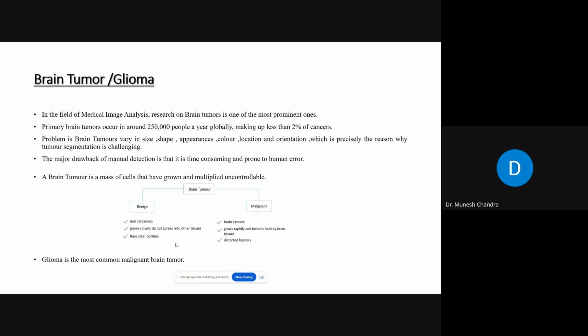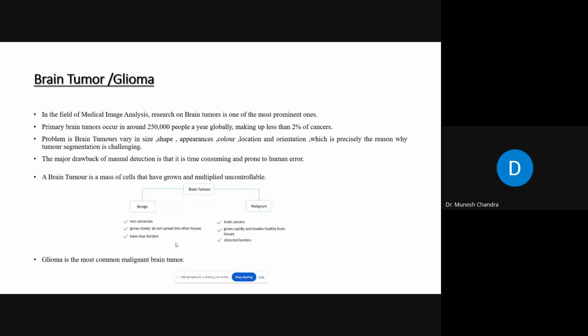Whenever we are talking about medical imaging, one type of disease is brain tumor. Brain tumors occur in around 250,000 people a year globally, meaning every year 250,000 persons around the world are suffering from brain tumors.